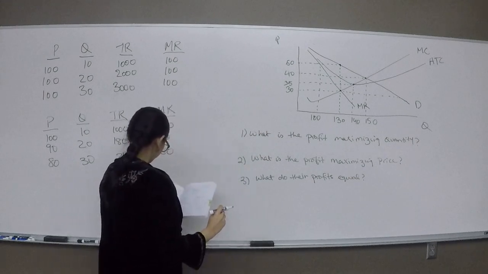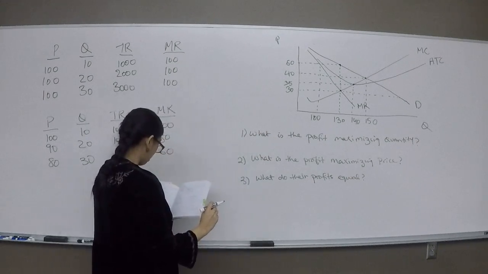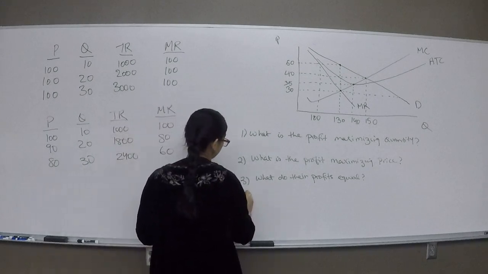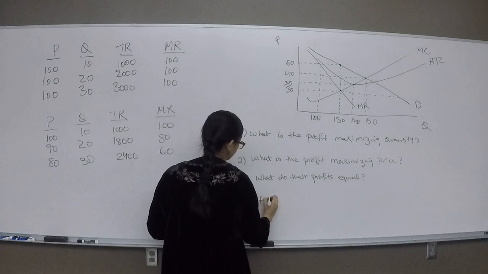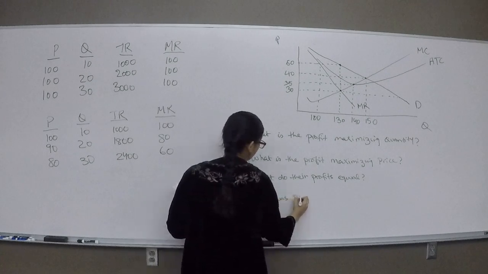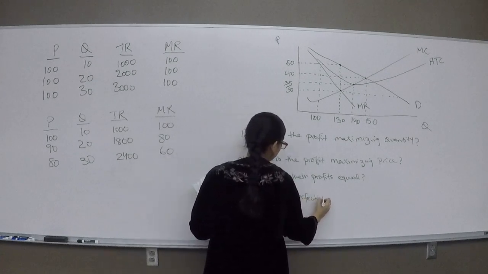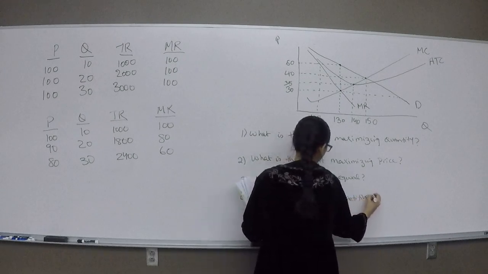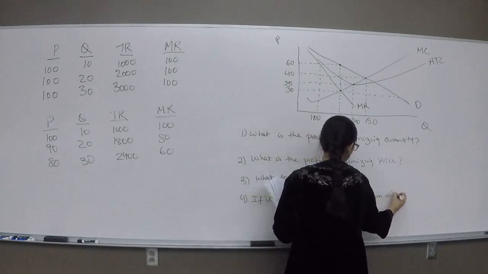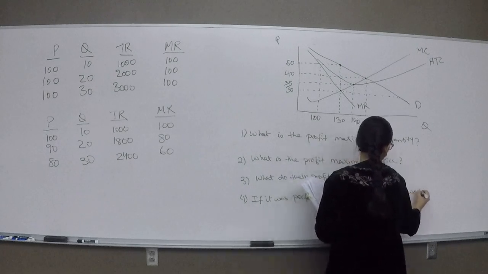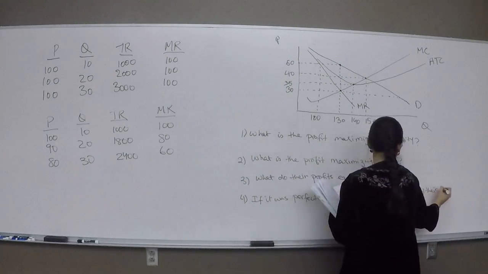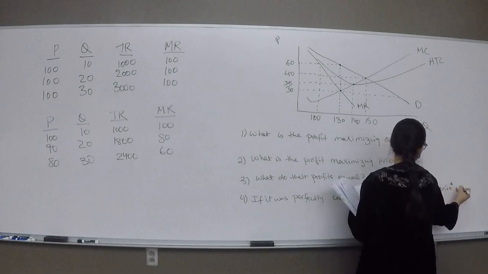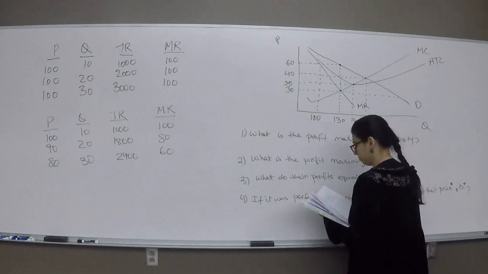Number four, if it was a perfectly competitive firm, what would their price and quantity equal, the equilibrium price and equilibrium quantity?